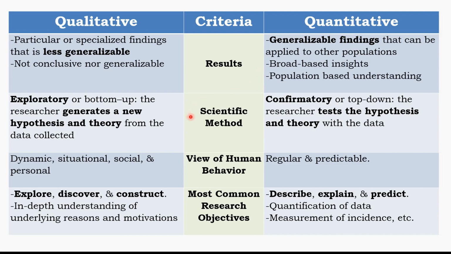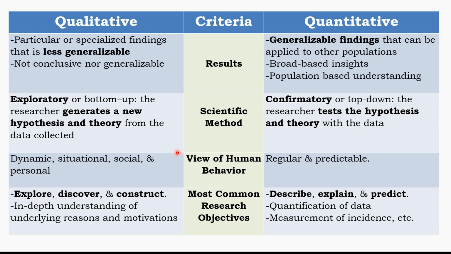What about the method to be used if you conduct these researches? Well, for qualitative, it's normally exploratory, or what we call bottom-up. The researcher generates a new hypothesis and theory from the data collected. On the other hand, quantitative is confirmatory, or what we call top-down. The researcher would test hypothesis and theory with the data.